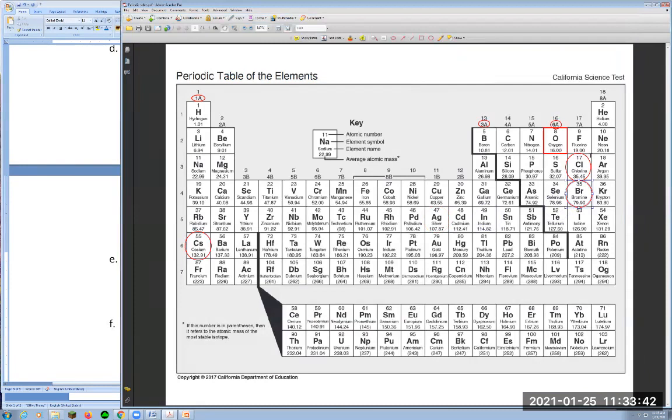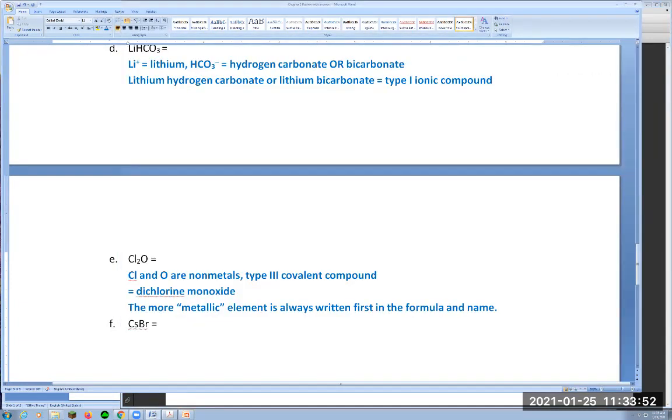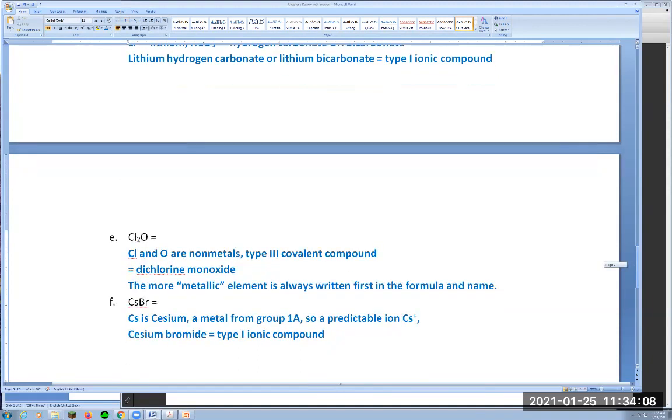So we have an ionic compound. Cesium is in group 1A, so it's a predictable ion. It's always cesium plus. So that means it's a type 1 ionic compound. We won't need a Roman numeral. So you name cesium like it is, and bromine becomes bromide. So it's going to be cesium bromide.